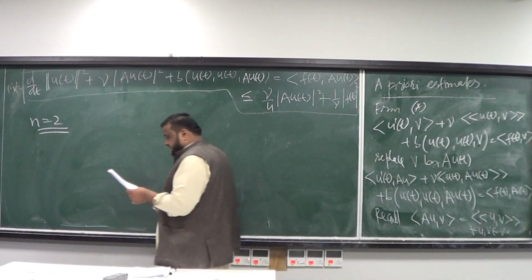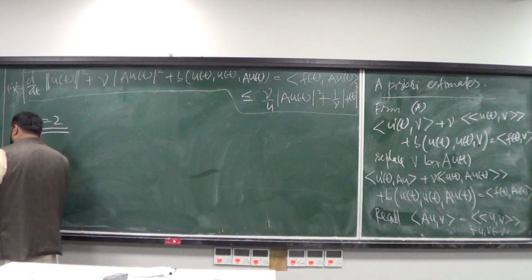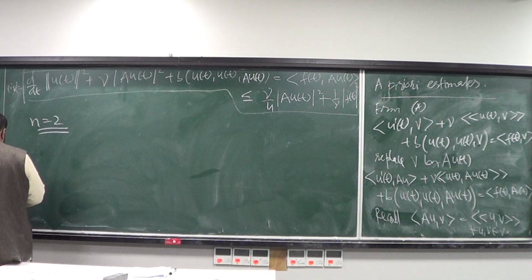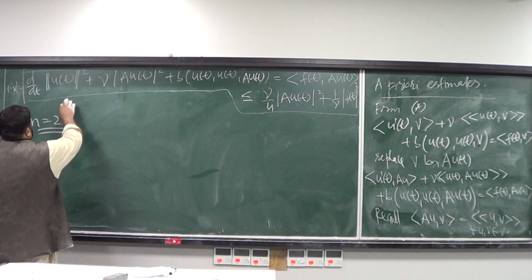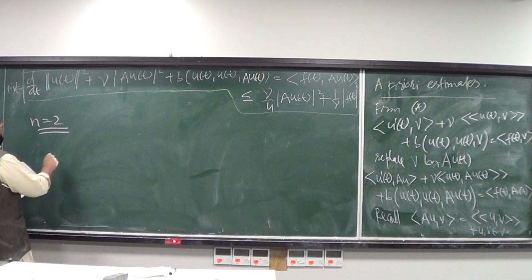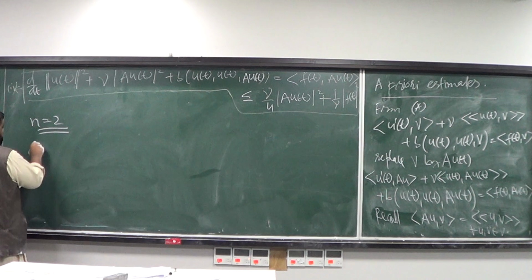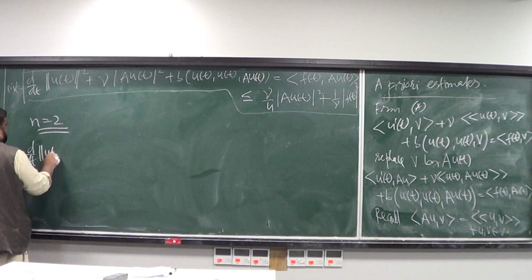I'm leaving this for you to figure out, how this works. So in n equal to 2, applying that inequality, I'm just directly writing the result. You have to think about it carefully for yourself.